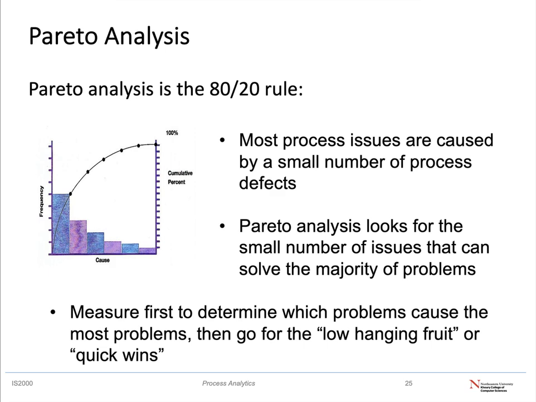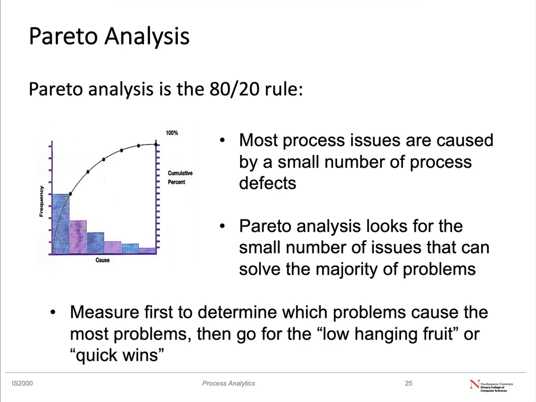He also found that the majority of real estate was owned by a very, very small number of people. So there's not a uniform distribution, but there's always a distribution that tends to concentrate a very large amount in a very small set of owners. And the same is true a lot in systems design and information systems analysis and information modeling, that a very small number, for example, of process defects cause a lot of the discontent or a lot of the problems with an existing process.